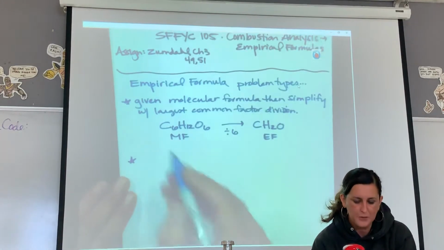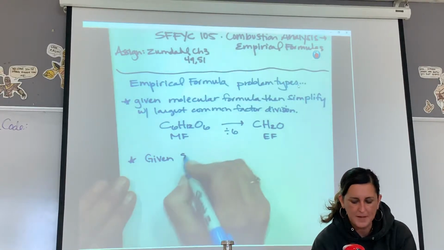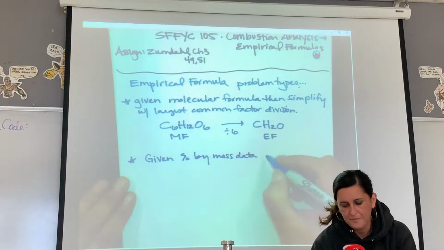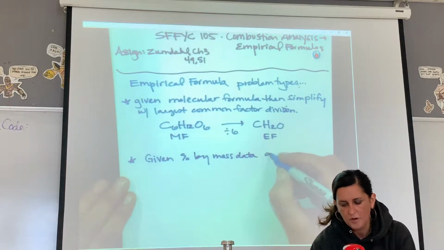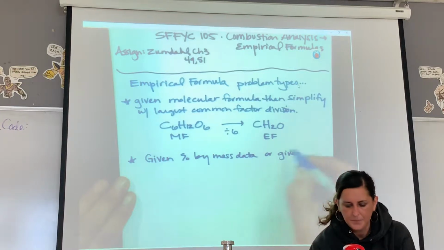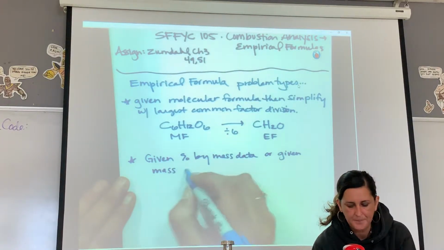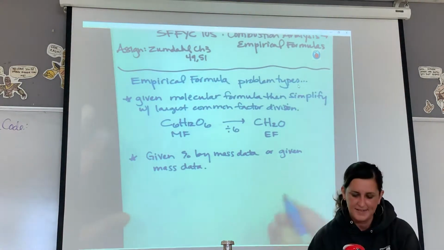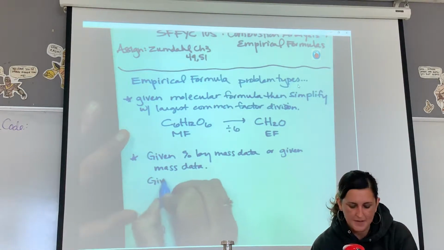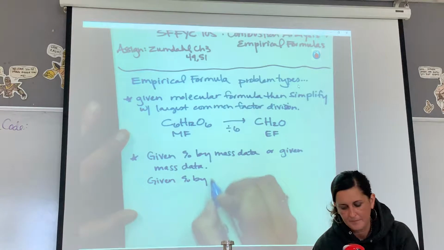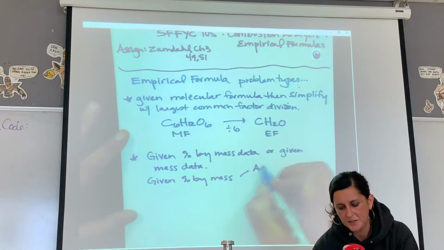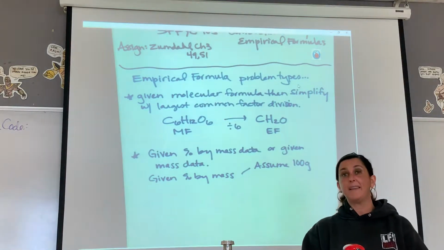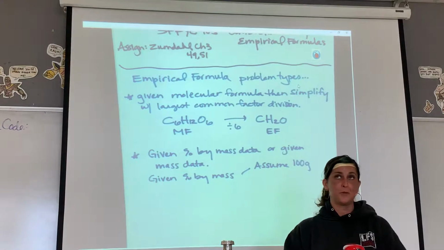The second one is if you are given percent by mass data, or just given mass data. With percent by mass, you go through the process of assuming 100 grams of the substance, which is what we talked about last time in Skills from First Year Chemistry 104.